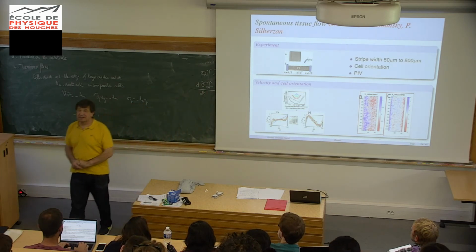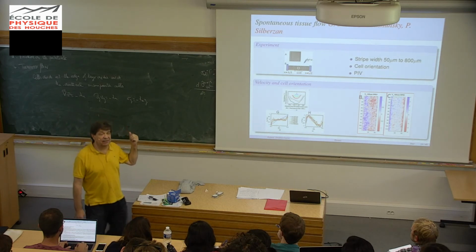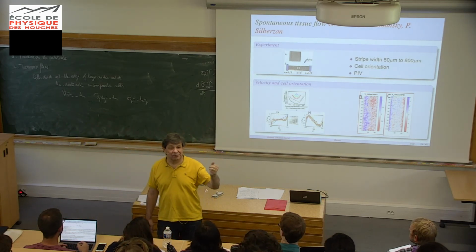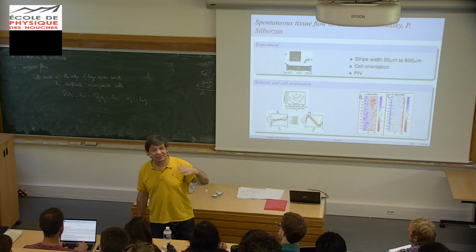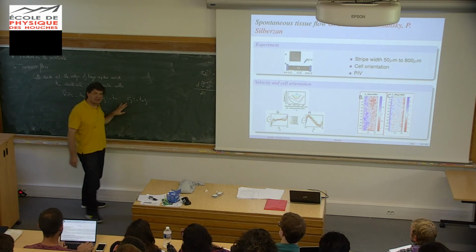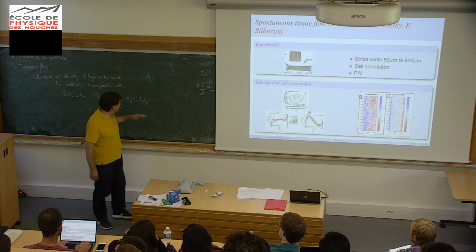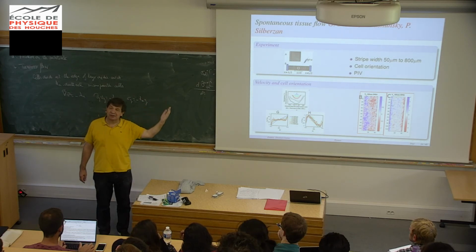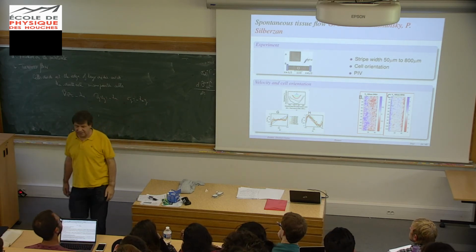But if I have a velocity Vy, there is a velocity gradient dy Vy. And as I told you, there is an interplay between the cell orientation and the velocity gradient. If I change the velocity gradient, because of this new term that I was talking about, I will change the cell orientation.